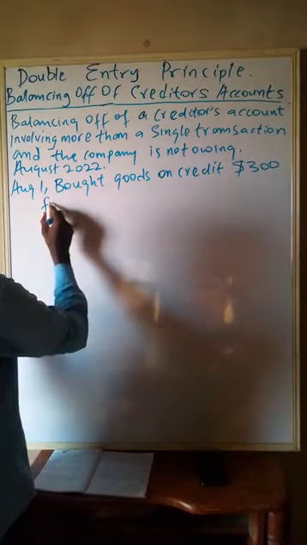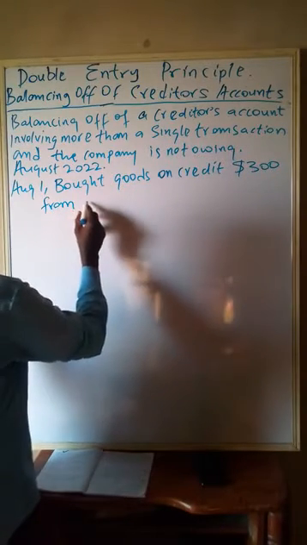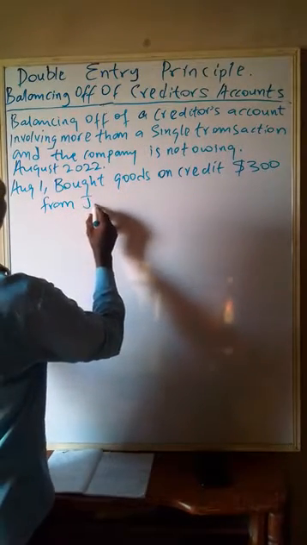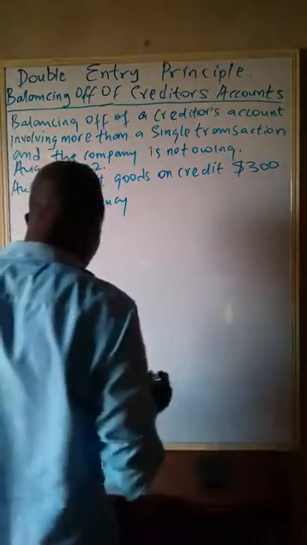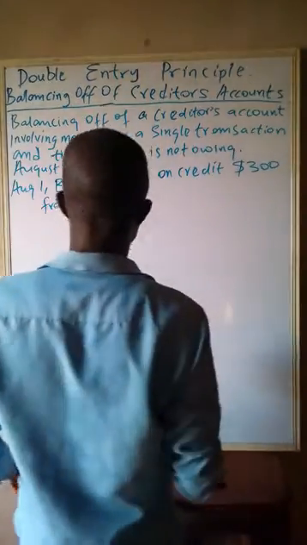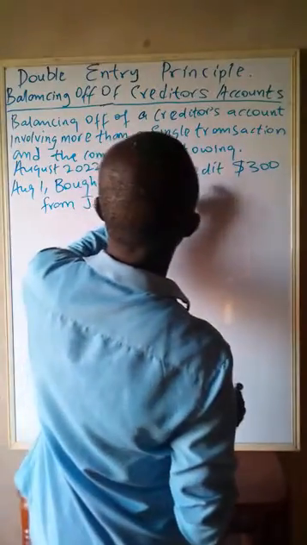Bought goods on credit, $300 from J. Lucy.